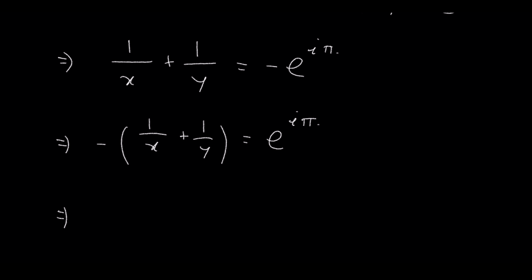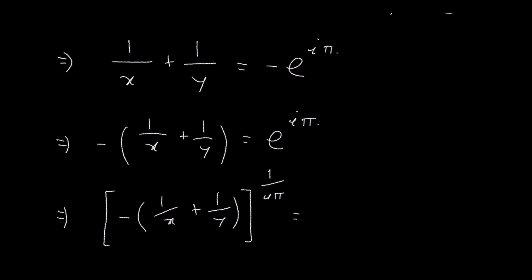Then we're going to raise both sides to the power of 1 over i pi. So we're going to need big brackets here to put everything in. So it's negative 1 over x plus 1 over y raised to the power of 1 over i pi is equal to e to the i pi times 1 over i pi.